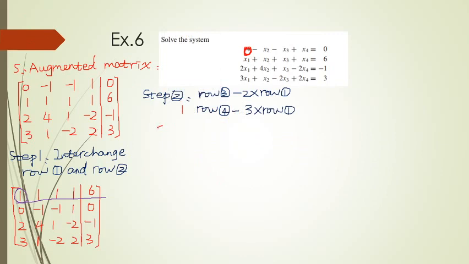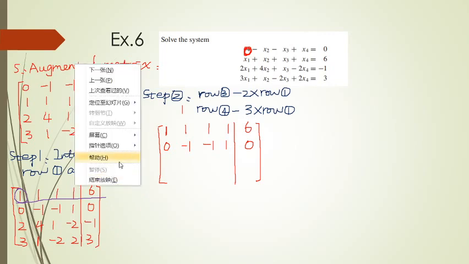So let me write this new augmented matrix. 1, 1, 1, 1, 6. And since the second row coefficient for x1 is 0, that's 0, and we keep this row. No row operations will be made. And then the third row, let's replace the third row.